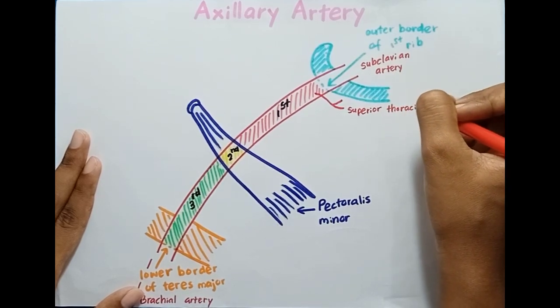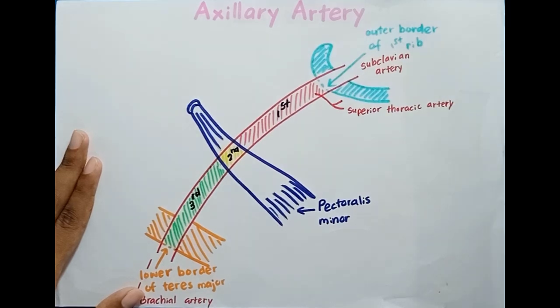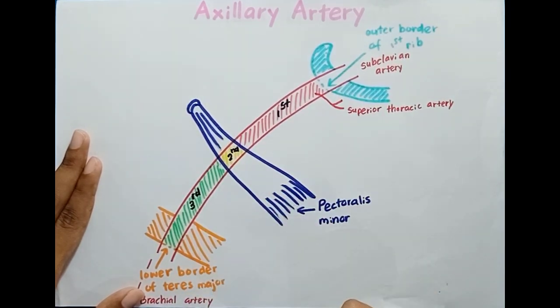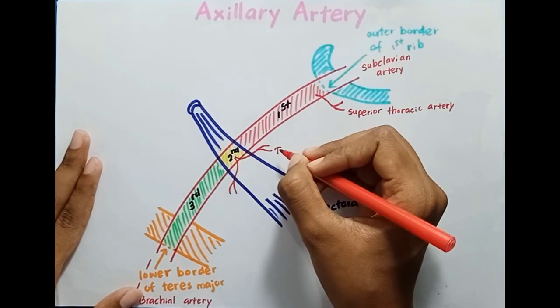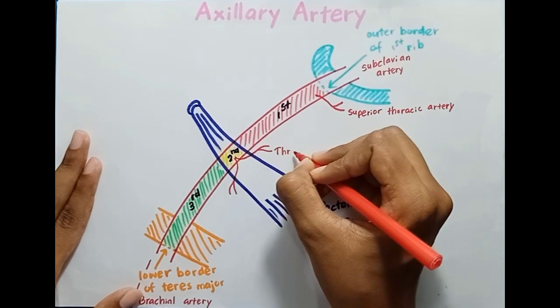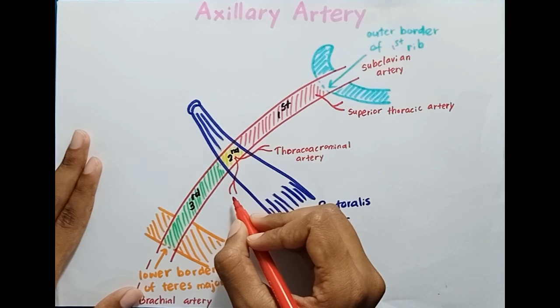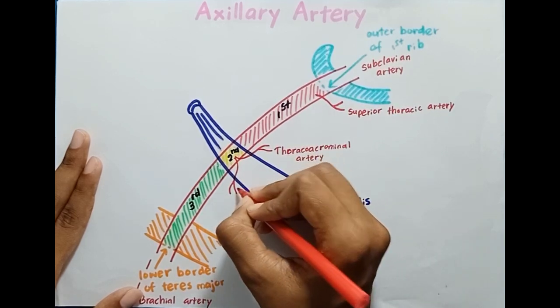From the second part, behind the pectoralis minor, it makes two branches: the thoracoacromial artery and the lateral thoracic artery.